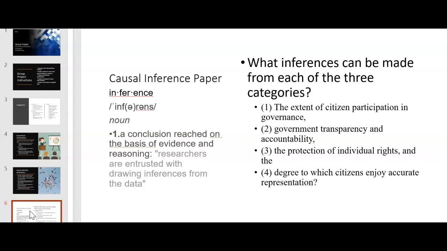You will take the data that's been collected by your group and draw these conclusions and write about it in your paper. So you want to connect data, the evidence, the facts, with your analysis of what's going on in each of these categories. Now you'll use standard academic writing standards for this project.